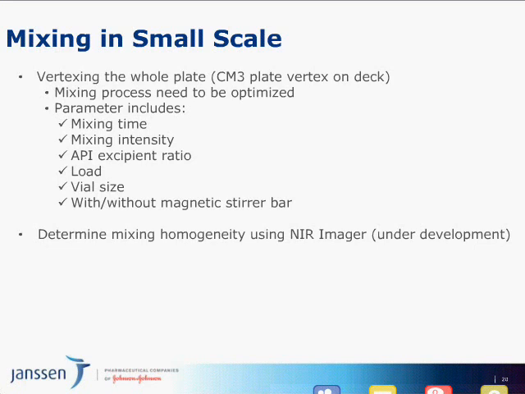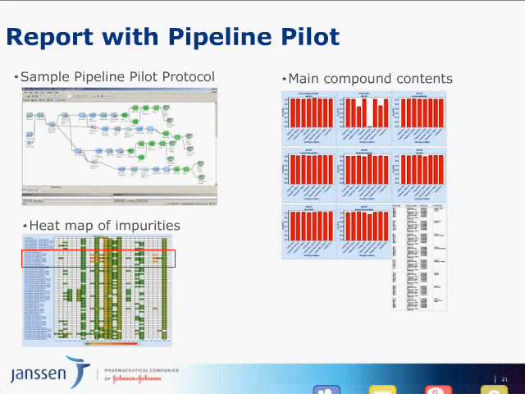Those factors all influence how homogeneous you can reach in small scale mixing. We are also trying to develop a near-infrared imager to look at mixing homogeneity, and this is still under development.